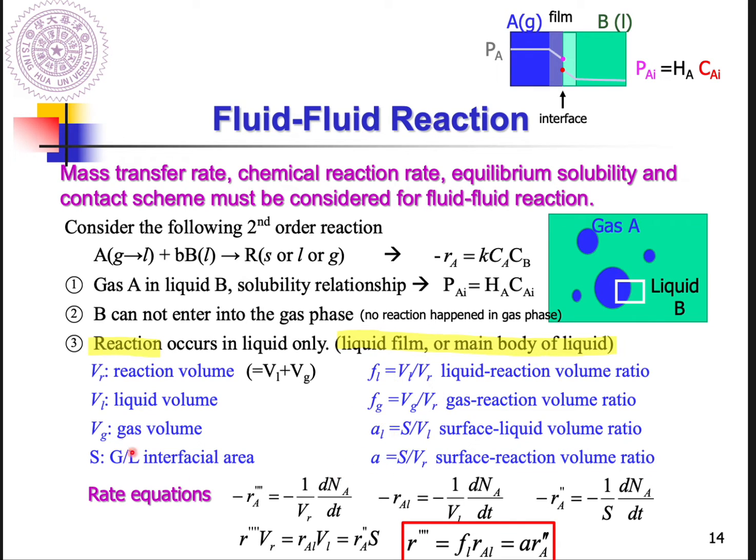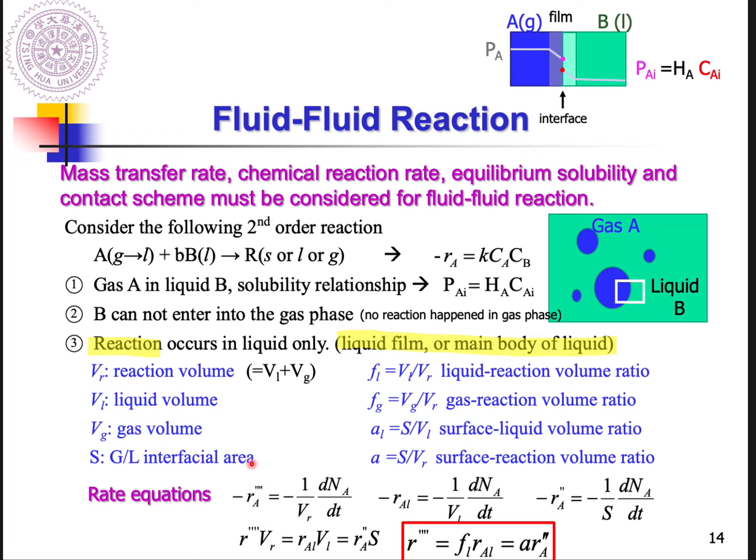So why do we need to know that? Because we want to describe the rate equation in different units. For fluid-fluid reactions, usually people deal with the single prime, r_A prime, meaning the consumption rate of reactant A per reaction volume. Because now we deal with the liquid, the reaction does not only happen on the surface of a solid or a specific surface. You need to consider the total volume.